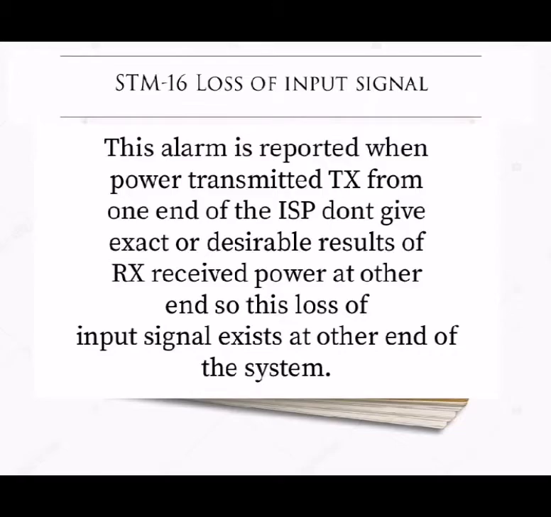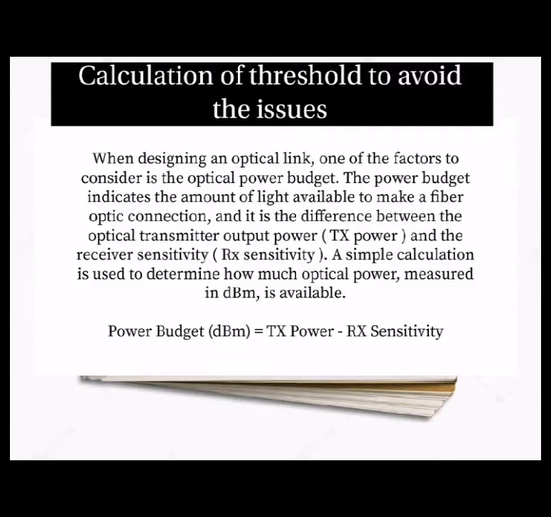Next is loss of input signal. Suppose we are transmitting power from one end and at the other end we are not getting the output power as per the given threshold. So after checking the link budget, we need to check the transmit power and subtract the RX sensitivity from it, and our power budget will be in dBm.